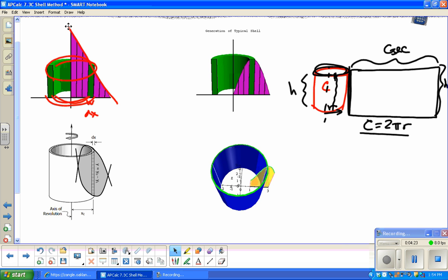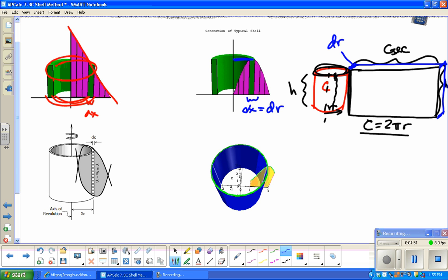And then the other issue is this shell has a thickness. In this case it's dx. It's also the change in radius, dr. If I lay this flat and unroll it, it has some thickness, and that thickness is dr.